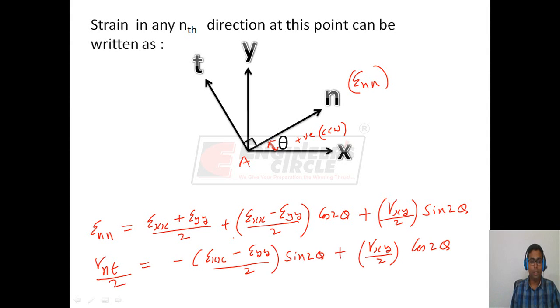So we have specified normal strain epsilon nn in the nth direction at point A in terms of epsilon xx, epsilon yy, and gamma xy. Similarly, we have found the shear strain between the nth and the tth direction in terms of epsilon xx, epsilon yy, and gamma xy.